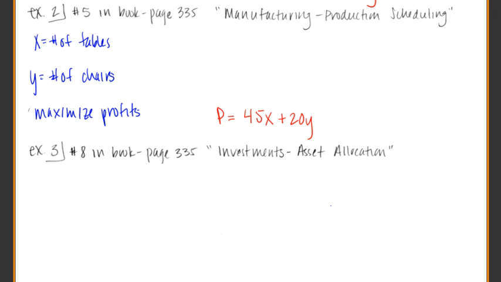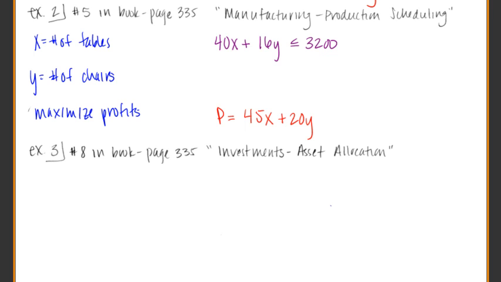Each table requires 40 feet of wood, so 40 feet per table plus the chairs require 16 feet. So 40 feet of wood for each table, 16 feet of wood for each chair, and we don't want to say equals 3,200, because we don't have to use all 3,200. All we know is we have at most 3,200 to use.